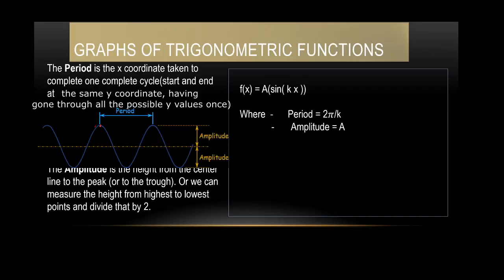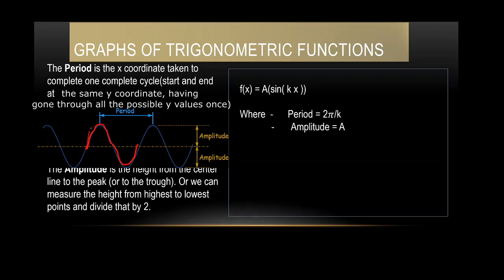The period is the x coordinate taken to go from here to here. So in this case, this will be the period if you take from here to here. If you take it like this, this is one complete cycle, so start and end.